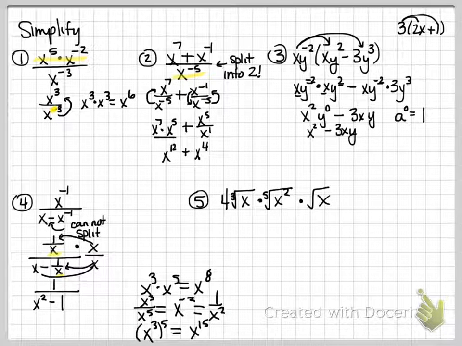We could factor the denominator, but it's not going to help us because we don't have anything in the numerator to get rid of. So we just leave it alone. And that one's done. The key thing to remember is that if you have anything in your denominator, like a minus sign or a plus sign, it cannot be split into two fractions.